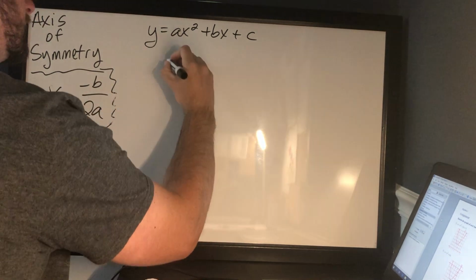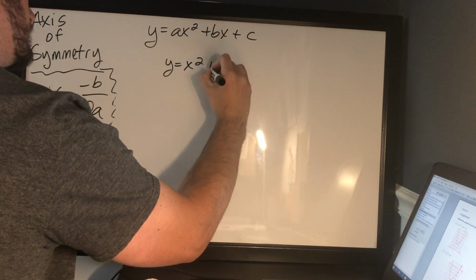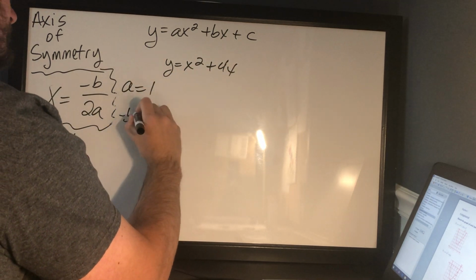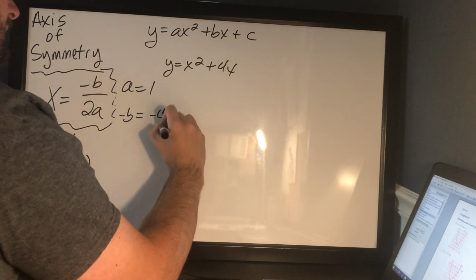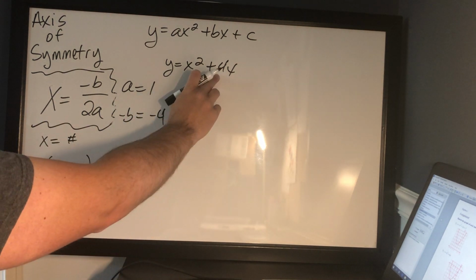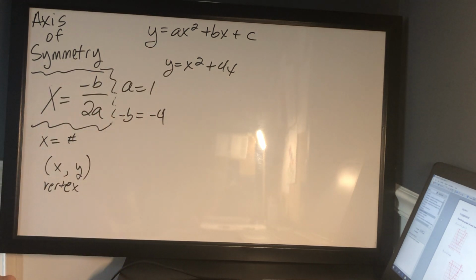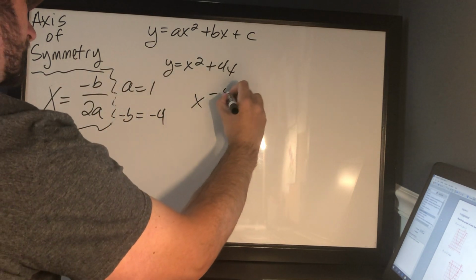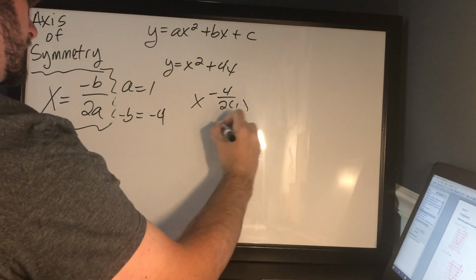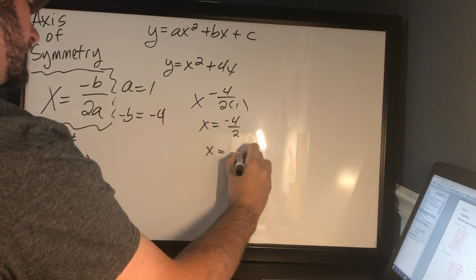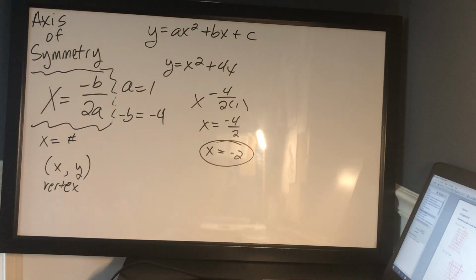y equals x squared plus 4x. a is 1. The opposite of b in this case is negative 4, because b is 4. So x equals negative 4 over 2 times 1, so x equals negative 4 over 2. x equals negative 2. The axis of symmetry for this problem is x equals negative 2.